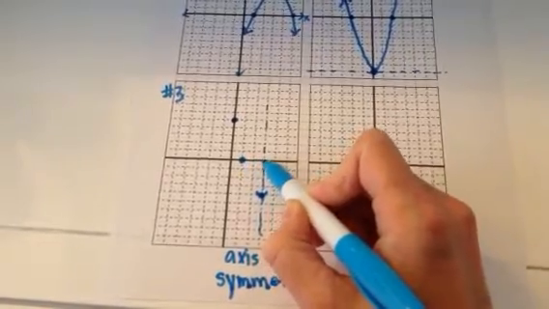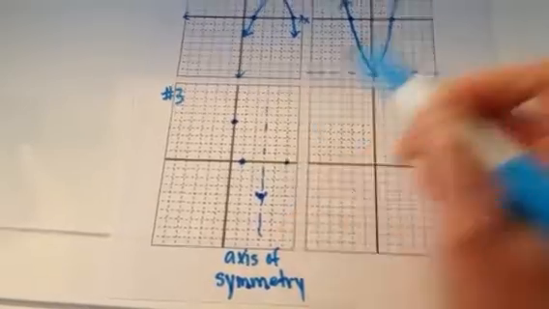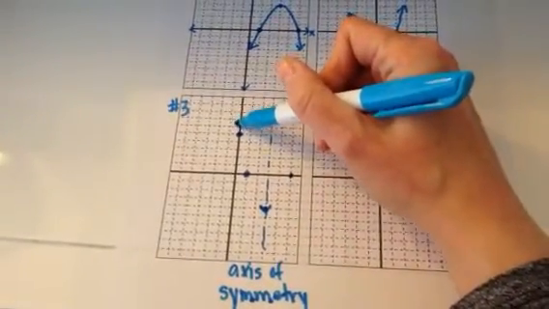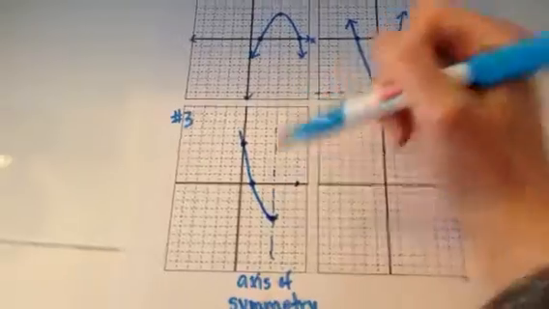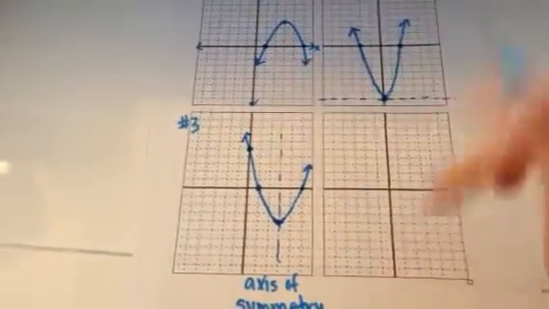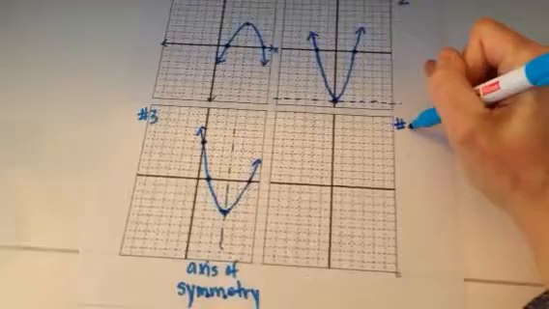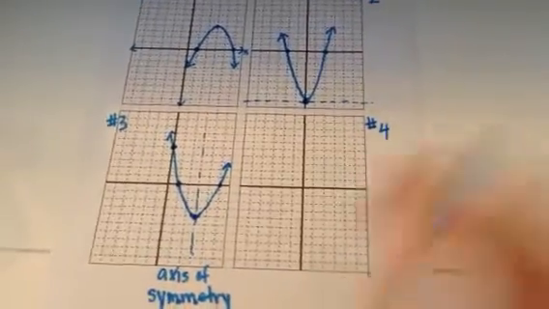This one has 2 units to the axis of symmetry, so the other will also be 2 units outside the axis of symmetry. From there, we can draw our curve, our parabola. There we go.